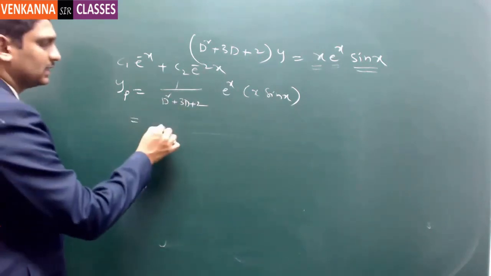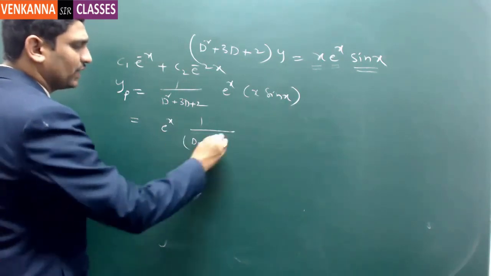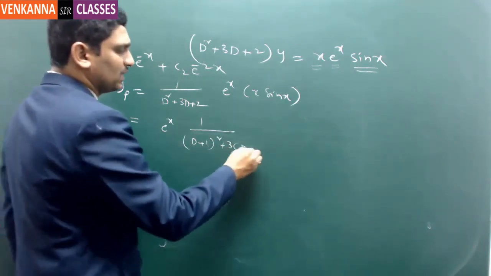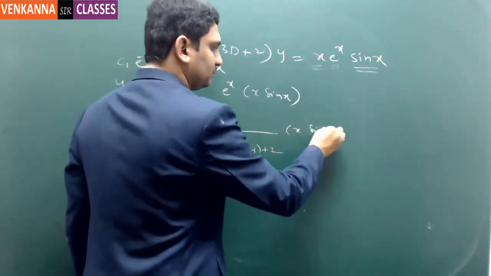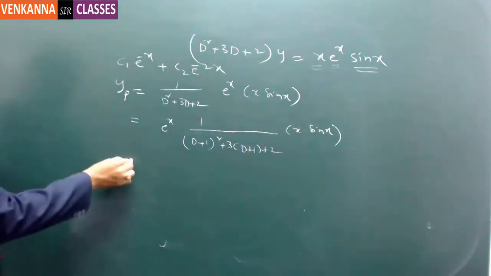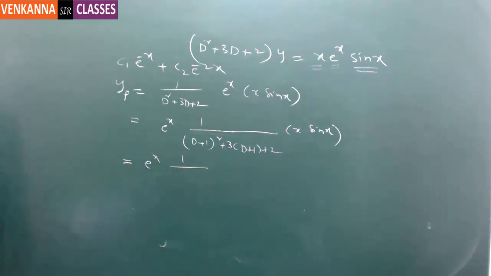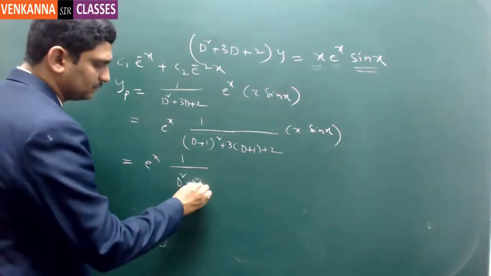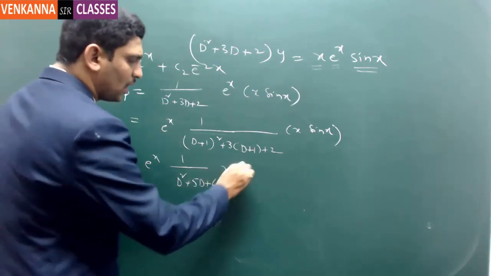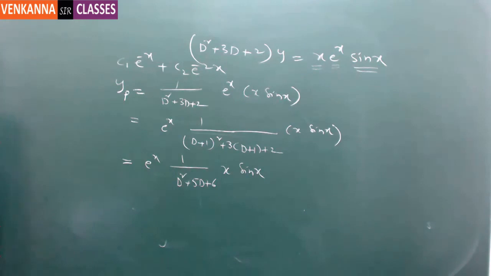So it is e power x into 1 by (D plus 1) whole square plus 3 into (D plus 1) plus 2 of x into sin x. If you simplify, it is 1 by D square plus 5D plus 6 of x into sin x. You please check that.